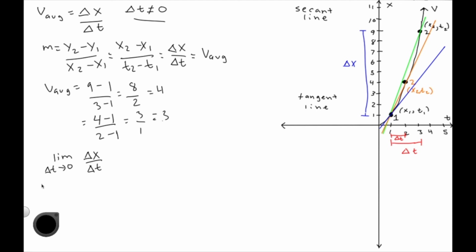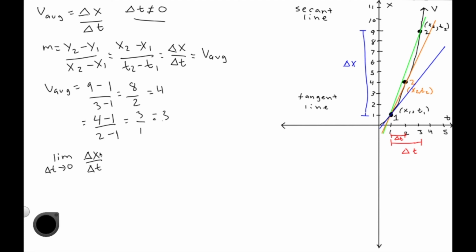Right? So this says as delta t approaches or gets closer to 0, as it gets smaller and smaller, what value does the function, which is going to be delta x over delta t, our velocity function, approach?